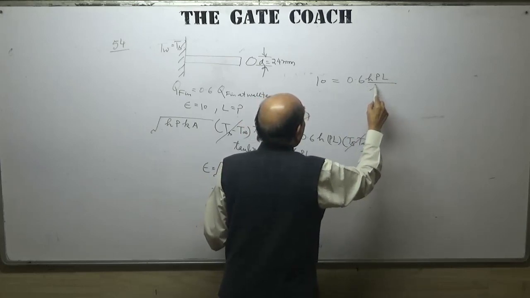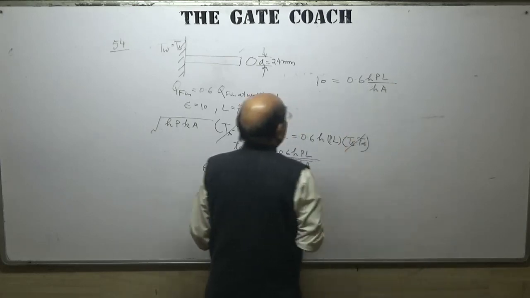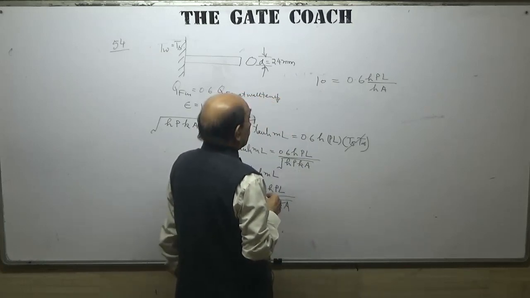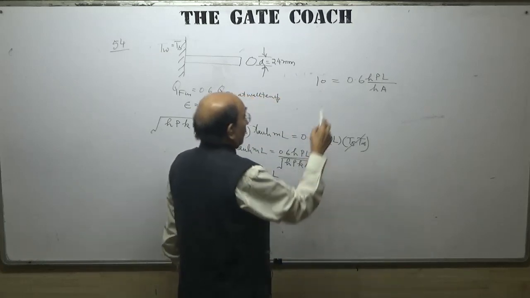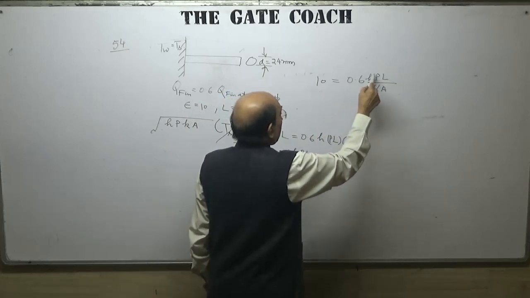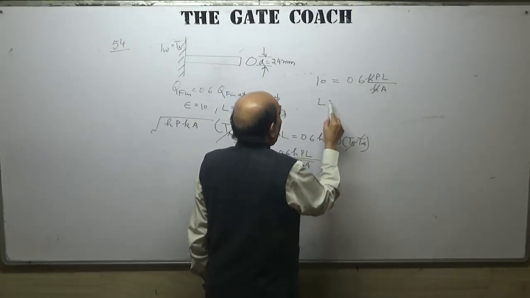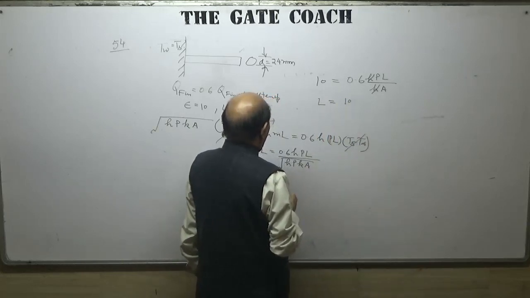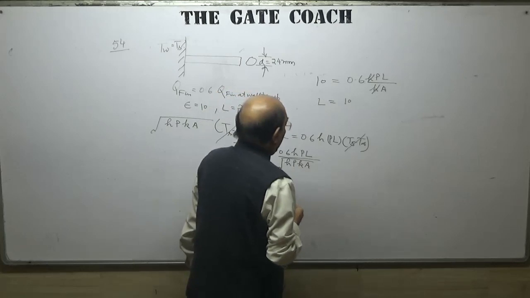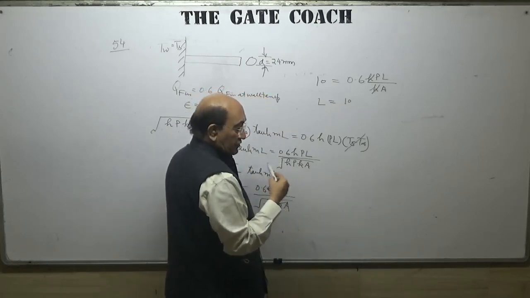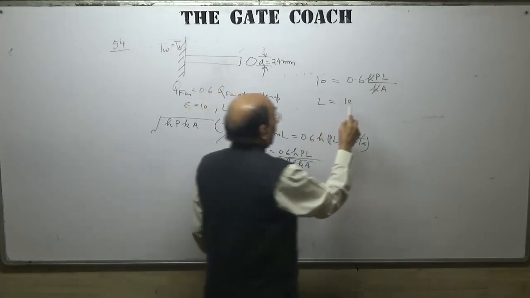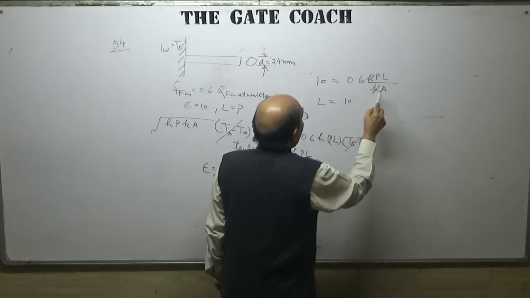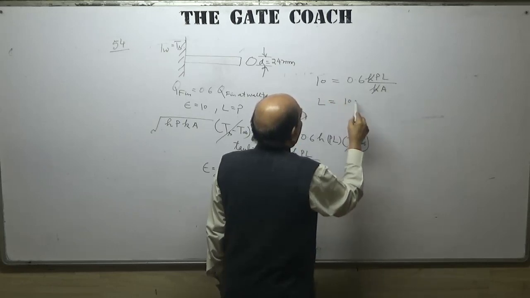Root cancel, it becomes h. We have to determine L. L is equal to 10 A. A was the area at the base of the fin. L is equal to 10 A.